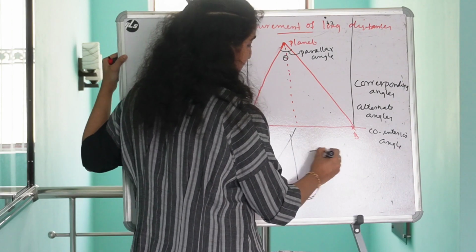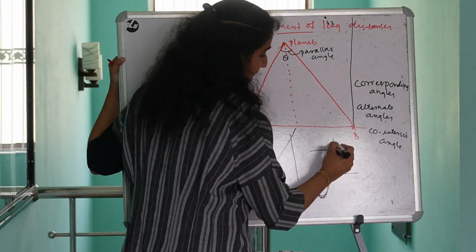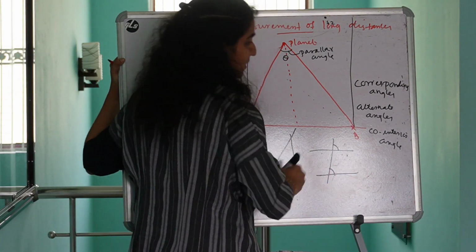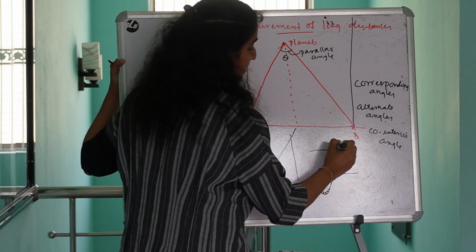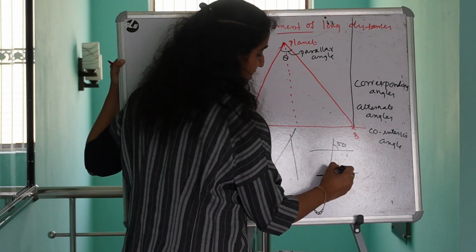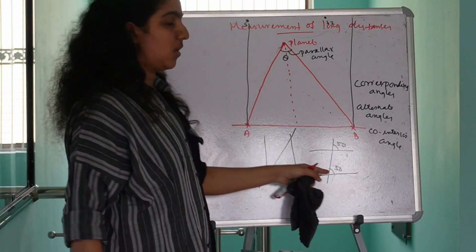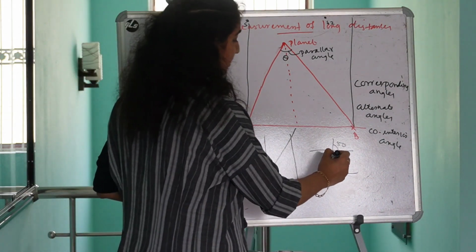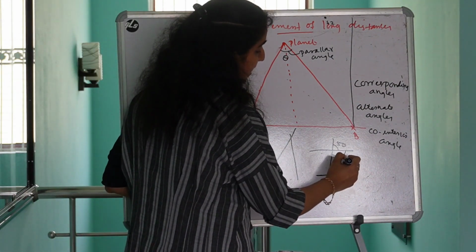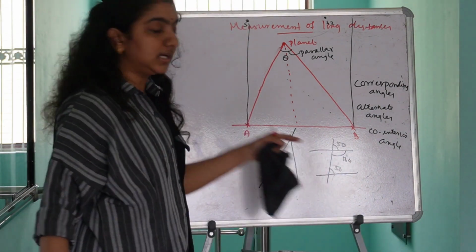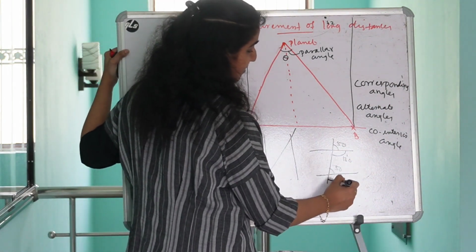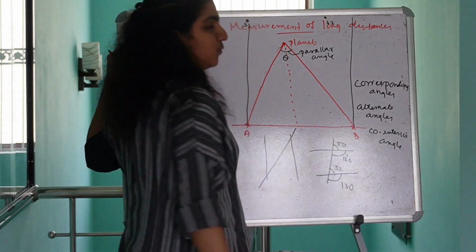That is, suppose these two are parallel lines, we know these two are corresponding angles. Suppose the measurement of this angle is 50, the measurement of this angle will also be 50. If the measurement of this angle is say 130, the measurement of this angle is also 130.